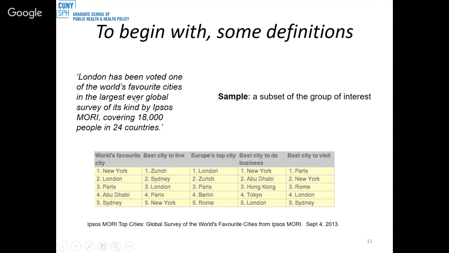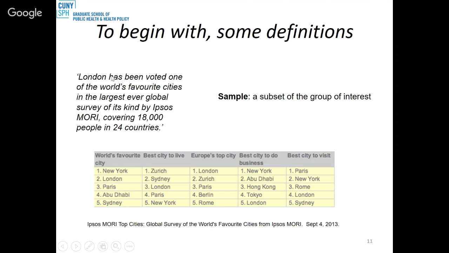So for example, this was an article I saw a few years ago, and London was voted one of the world's favorite cities in the largest ever global survey of its kind, covering 18,000 people in 24 countries.